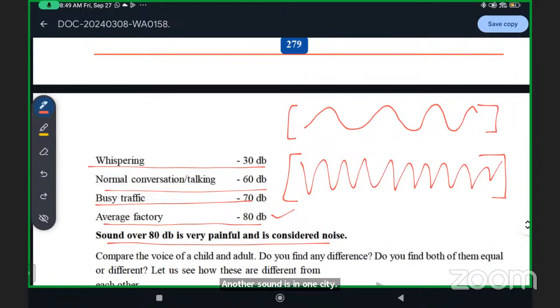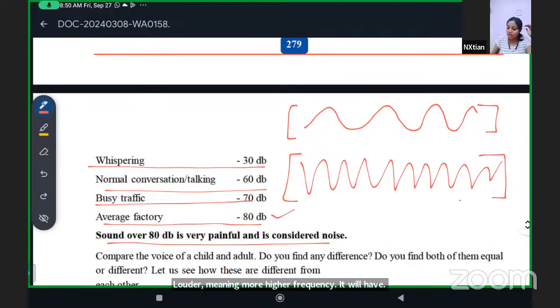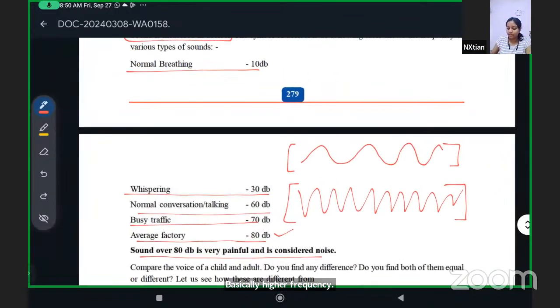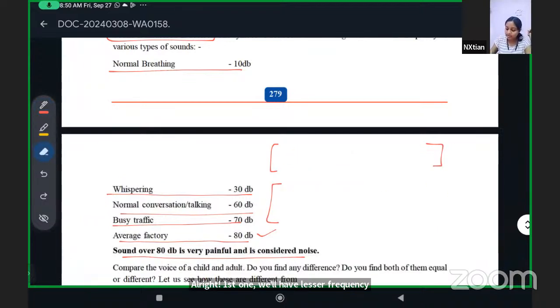Can you see the difference? The second one will have a higher frequency. The first one will have a lesser frequency, because of the number of times the sound wave repeats itself in a second. That is its frequency.